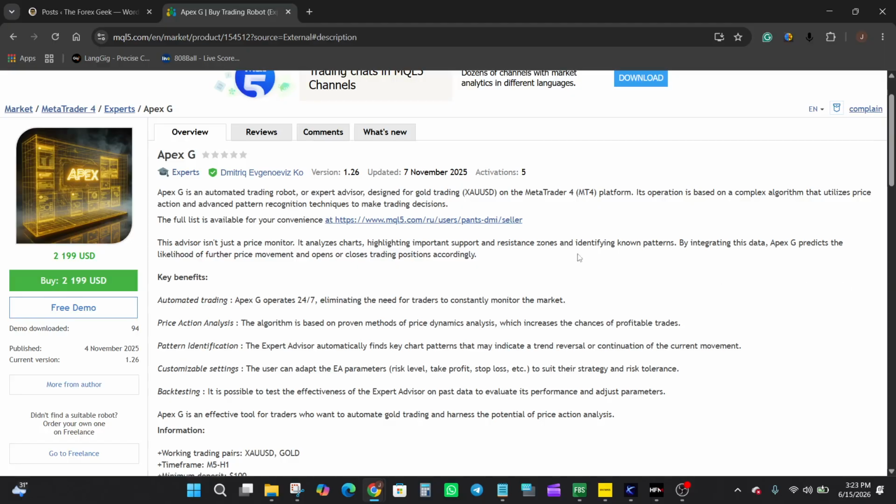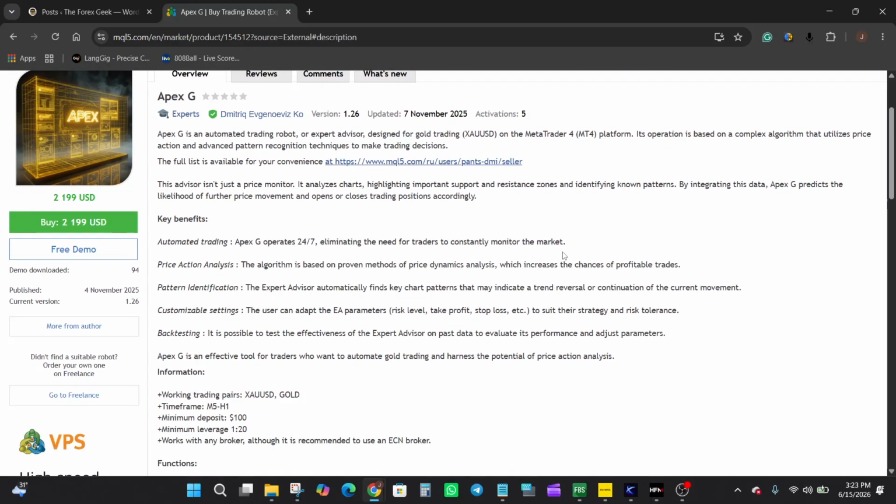As I continue through the product page, the developer notes that the EA analyzes charts to identify support and resistance zones, while also searching for recognizable chart patterns. The idea is to combine that information to evaluate potential future price movements and manage trading positions accordingly.